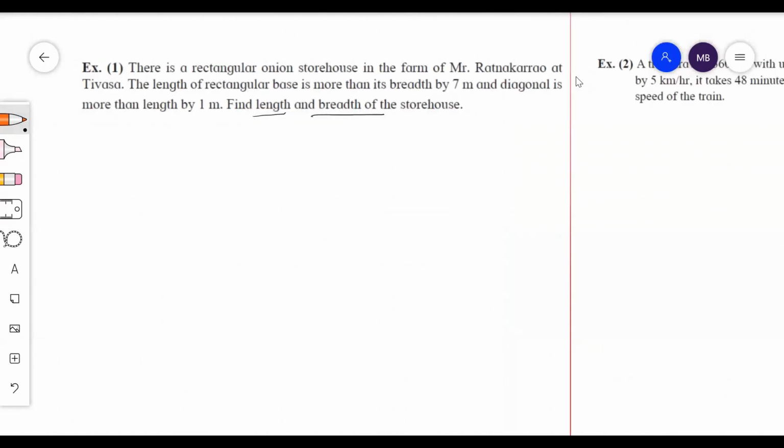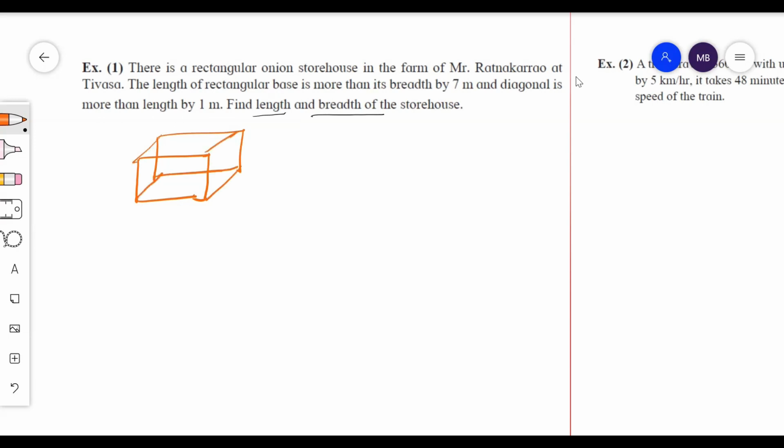Okay, so let's see. Now, if you observe, whatever is unknown, you have to take it as x. It being a quadratic, we cannot take two variables. We just have to work with only one variable, right? So, it's a rectangular storehouse, so obviously it will be in the form of a cuboid, right?